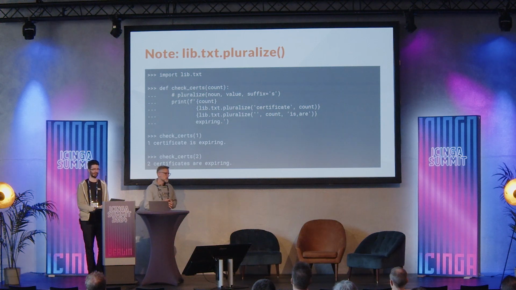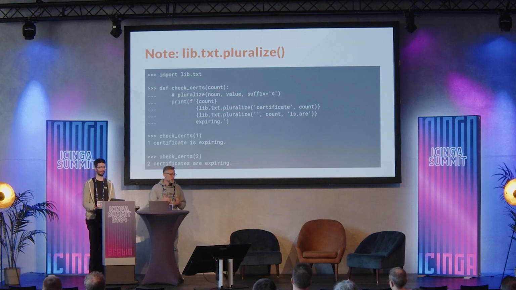What I did here is I import the lib text, then I define a simple function that just does printing, and depending on the value of count, some magic happens.